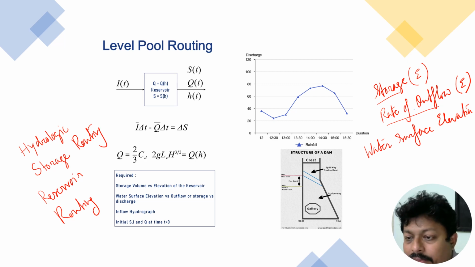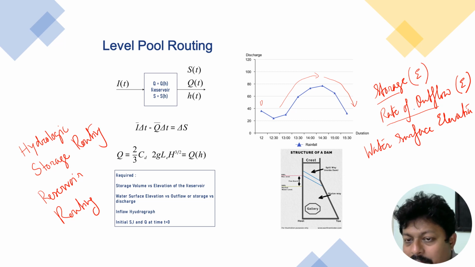However, water surface elevation is a function of time, because when this flood water is coming, it changes time by time. Correct? If this is the rainfall, suppose, I am taking an example, when rainfall occurs it starts to increase from this point and then dips out.